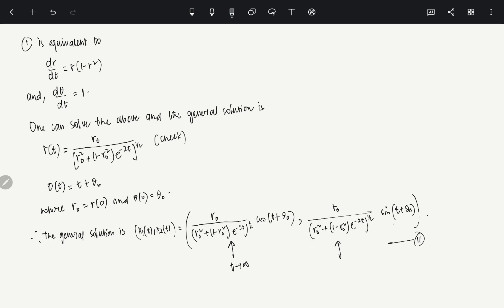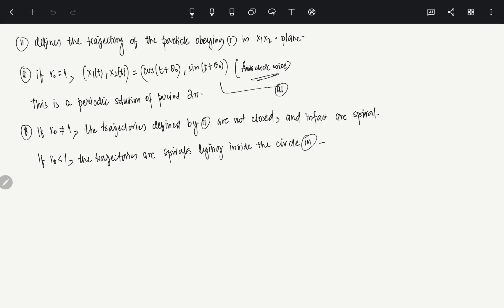So what is happening here is that as t tends to infinity, the spirals approach this circle. Which circle?